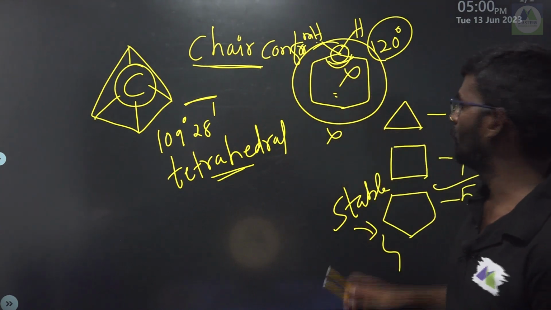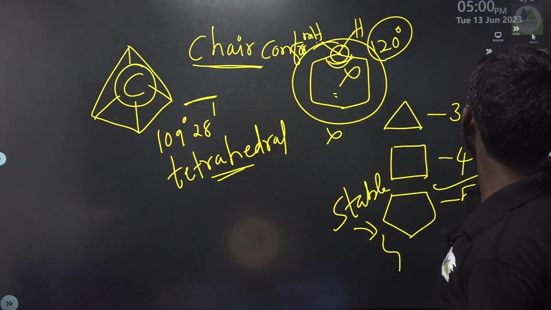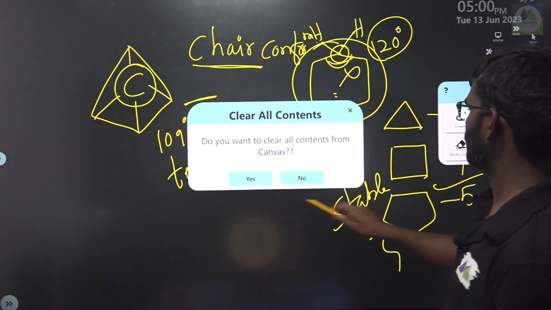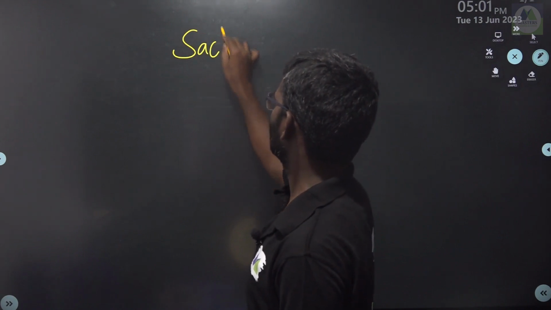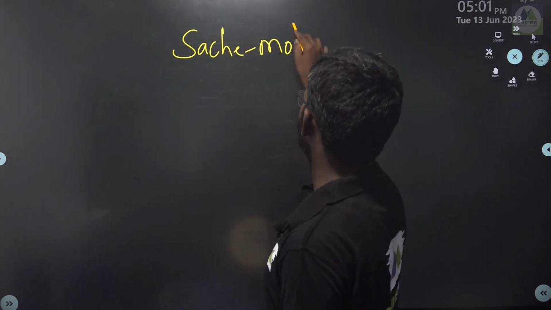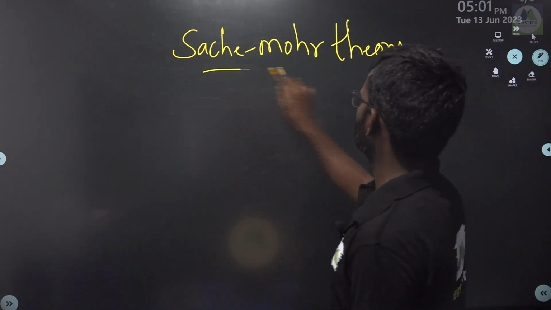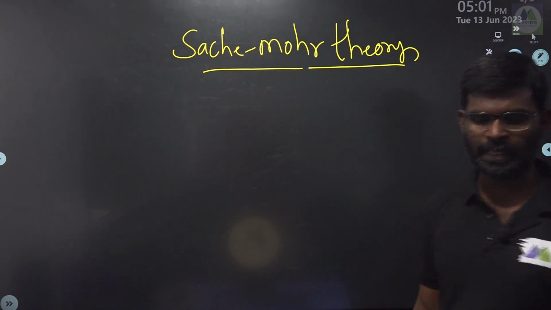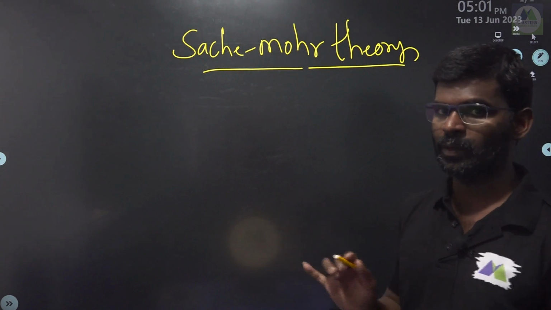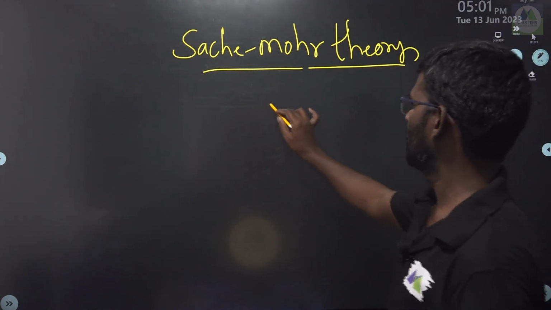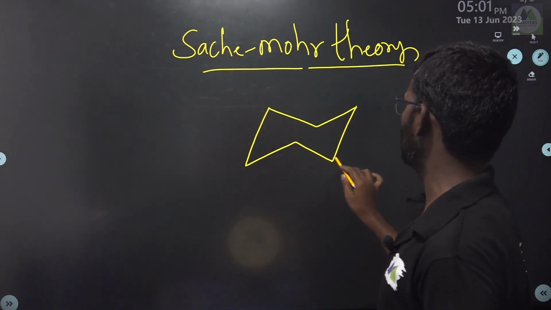In this Sachse-Mohr theory, Sachse and Mohr explained the stability of cyclohexane, especially the chair conformation. We are going to concentrate on chair conformation. This structure looks like a chair, that's why it is called chair conformation.